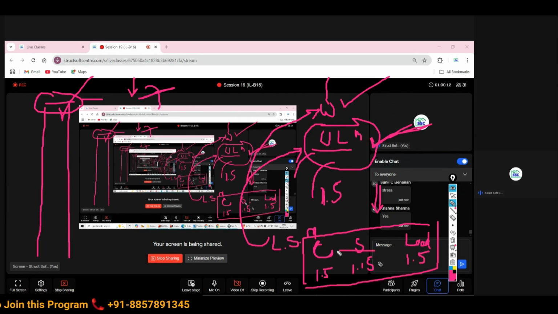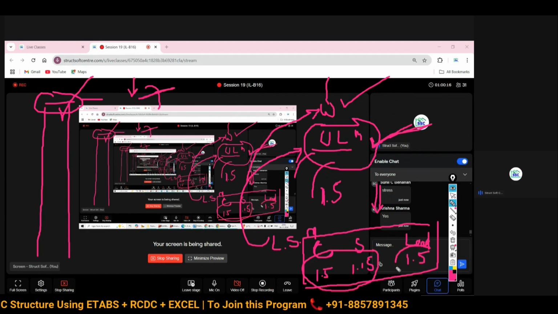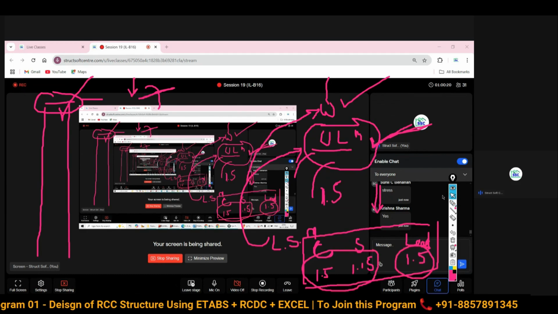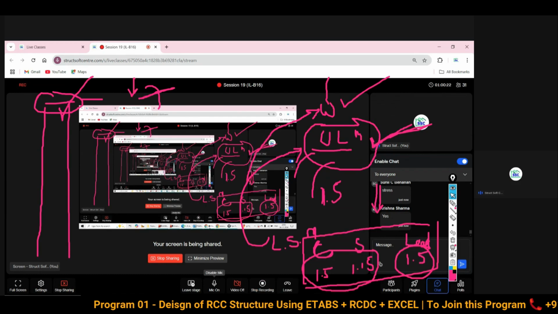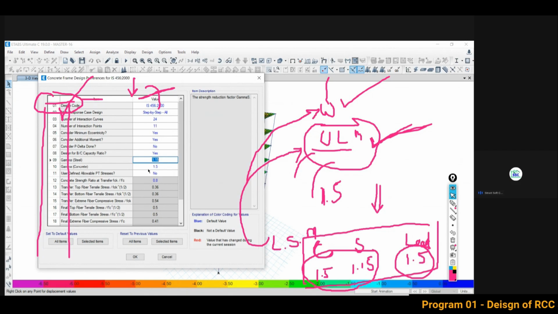This is nothing but the partial safety factor over your material and the factor of safety over your loading, and that is actually mentioned in your code: gamma partial safety factor for steel 1.15, for concrete 1.5.